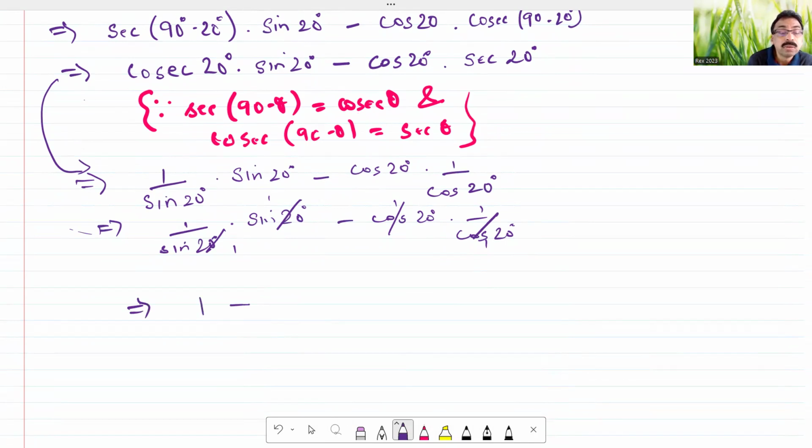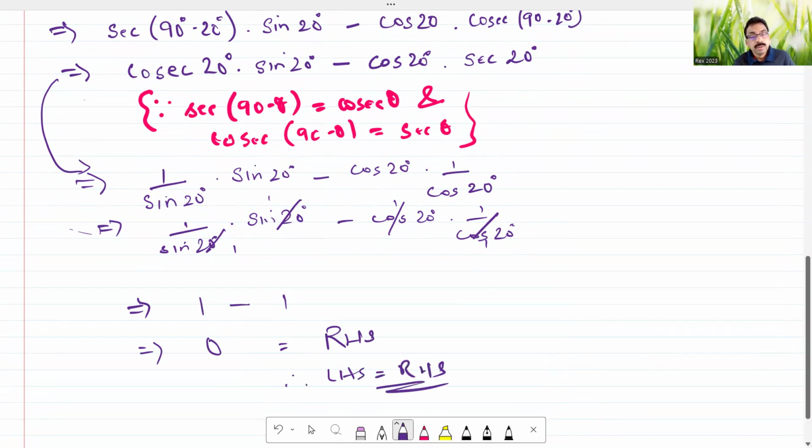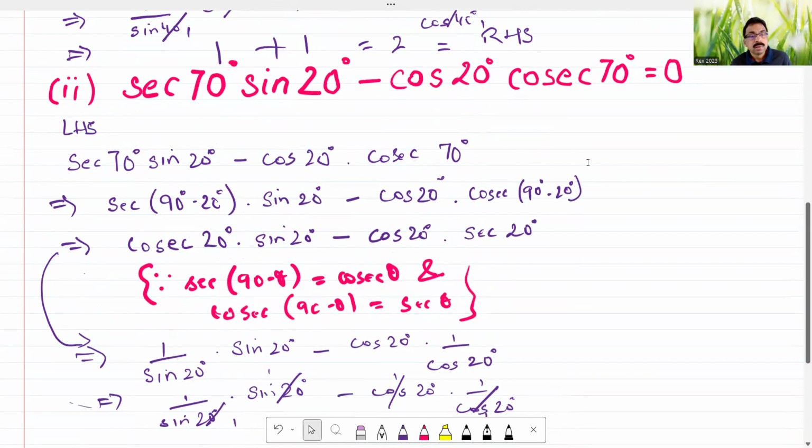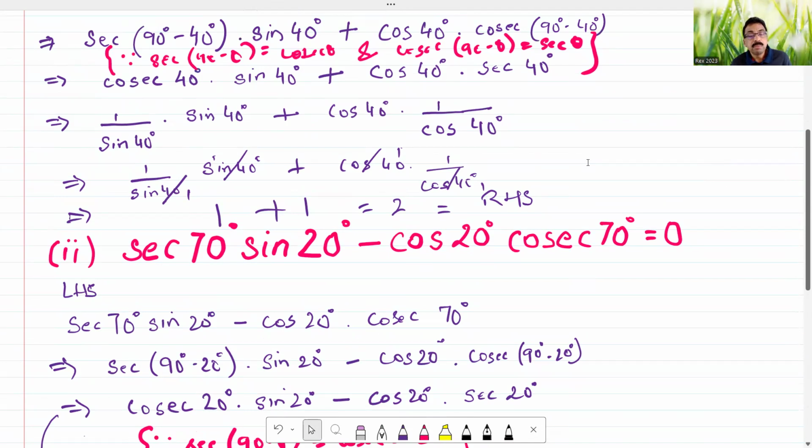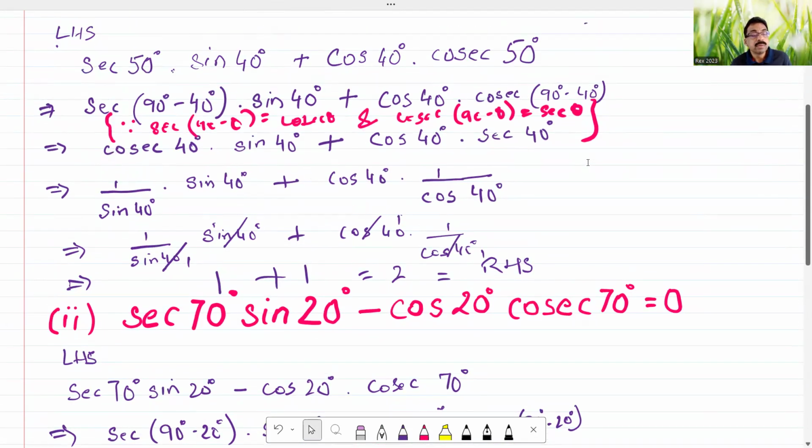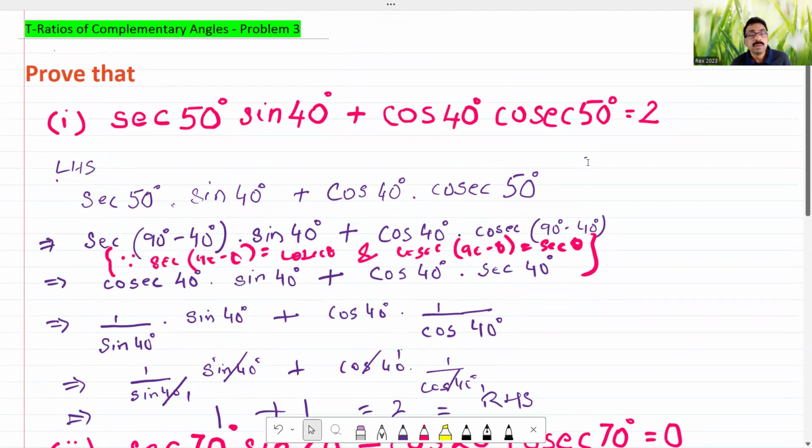Second term again 1 into 1, which is 1, and 1 minus 1 is equal to 0, which is what you are supposed to prove, which is your RHS. Therefore, LHS is equal to RHS, right? So that was another type, just that you had two terms and each term had multiple ratios.